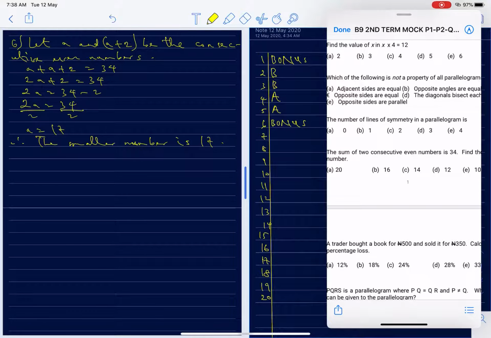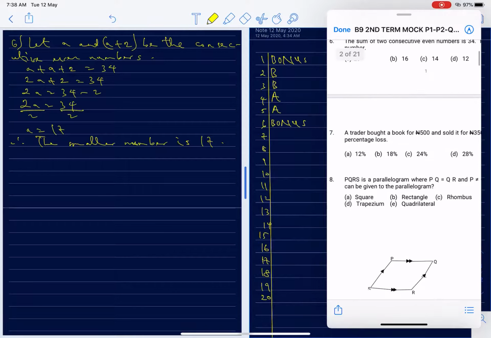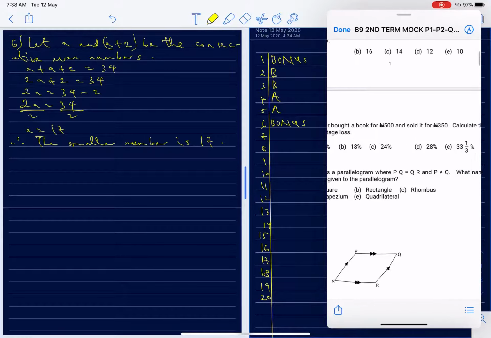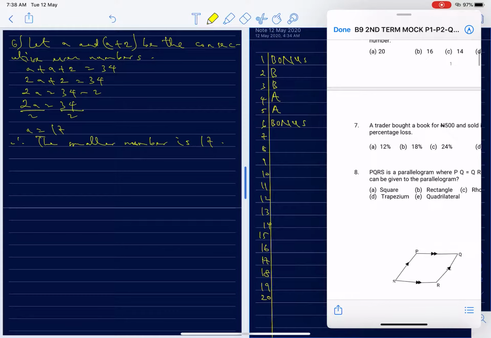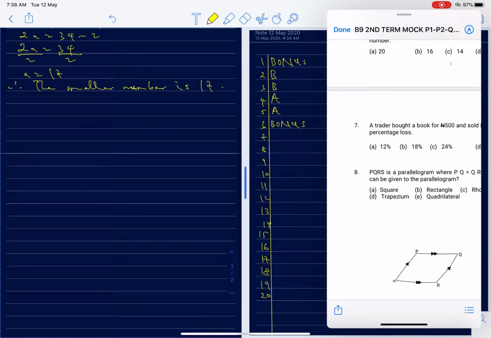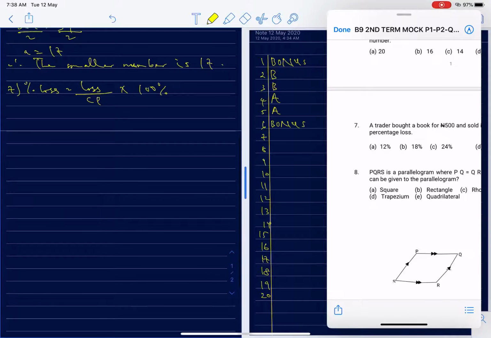Now we write on number 7. A trader bought a book for 500 naira and sold it for 350 naira. Calculate his percentage loss. Percentage loss is loss over cost price times 100%. So what's the cost price?